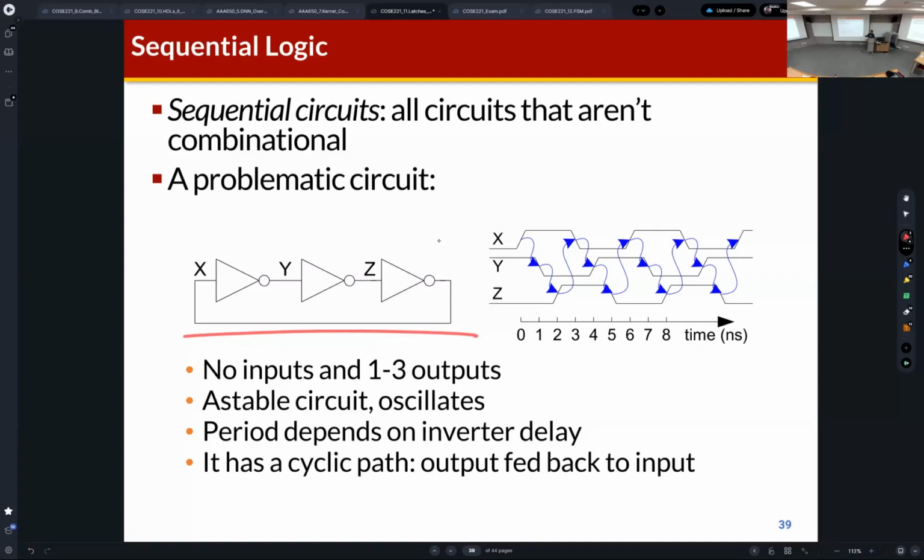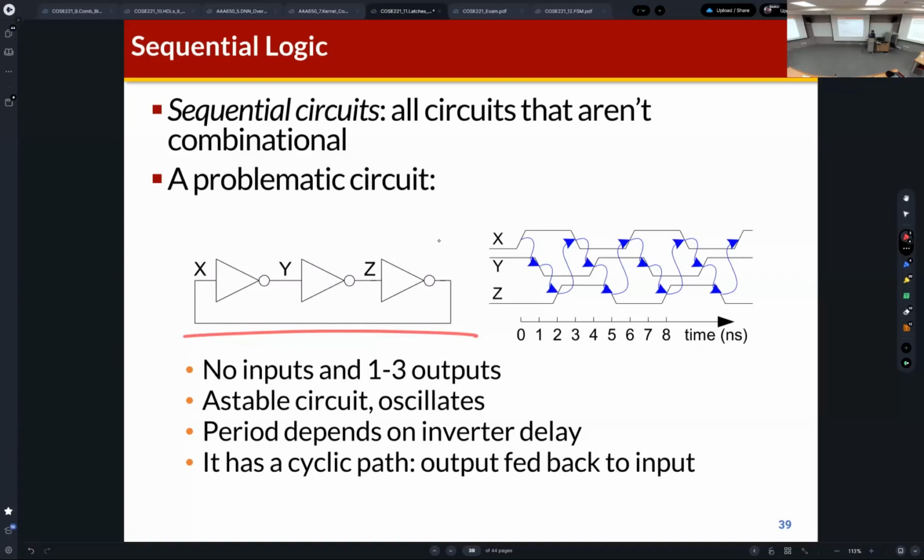That's why we require sequential logic and actually flip-flops for implementing the system. So that is the example. We cannot control the delay because the delay is influenced by many factors, which means that we cannot expect the fixed behavior of the circuit, which means that the circuit becomes unstable.